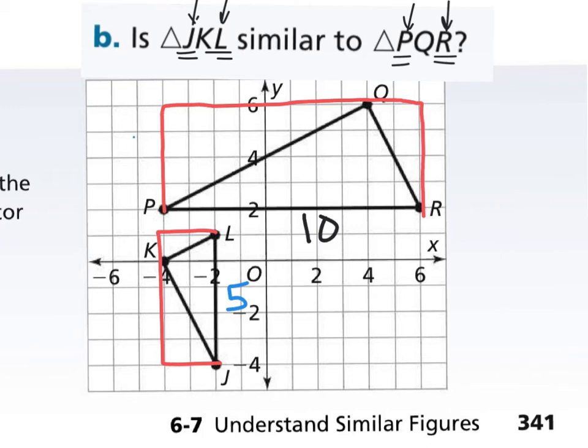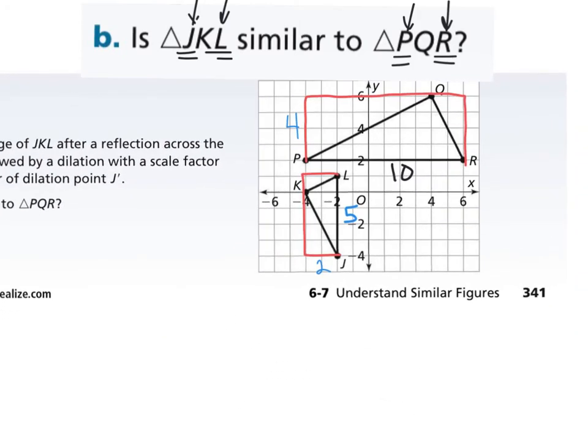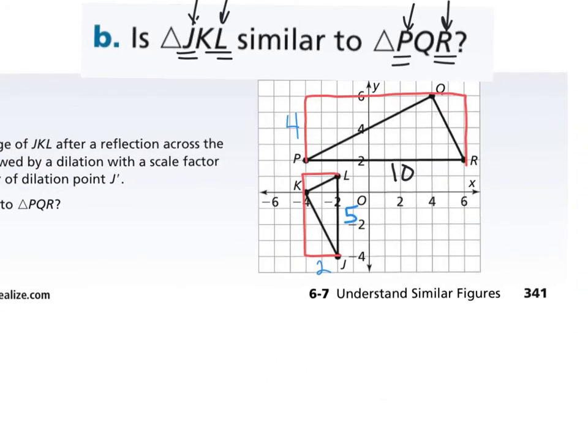So this is 4 and this is 2. We could compare 10/5 and 4/2 and think about if those are the same or not. These both reduce down to 2/1, which tells us those sides are proportional.